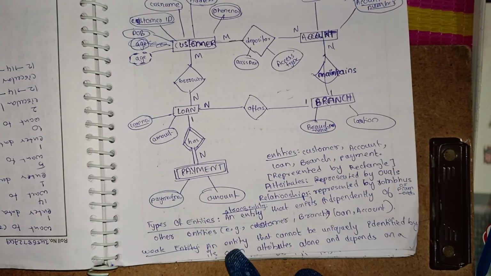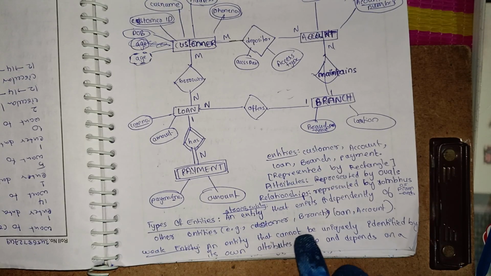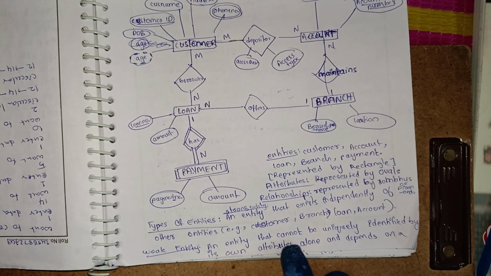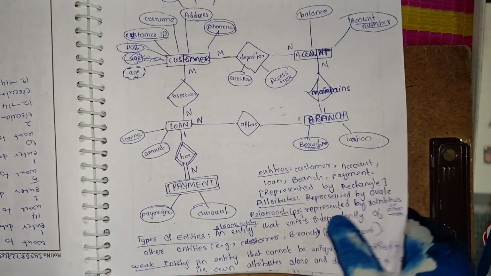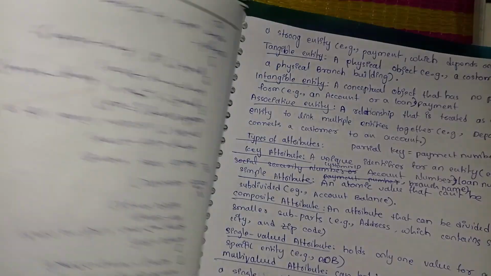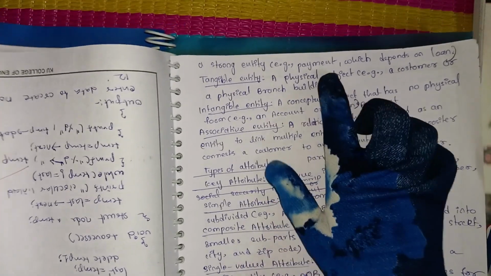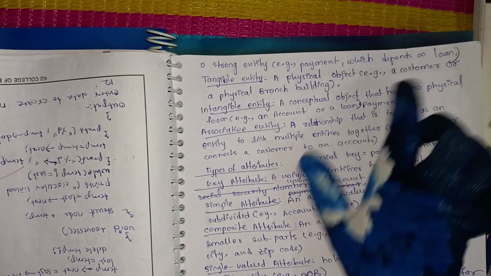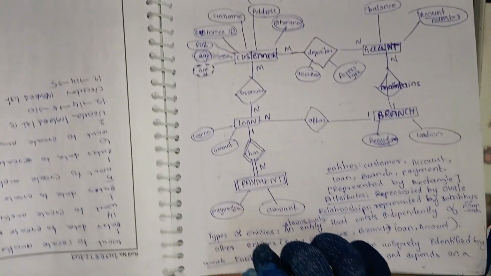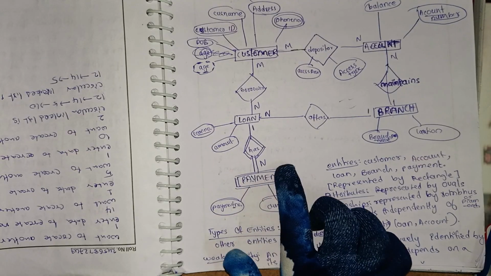Then weak entity: an entity that can't be uniquely identified by its own attributes alone and depends on a strong entity. Example, payment, which depends on loan. Here it is indicated by a double rectangle.